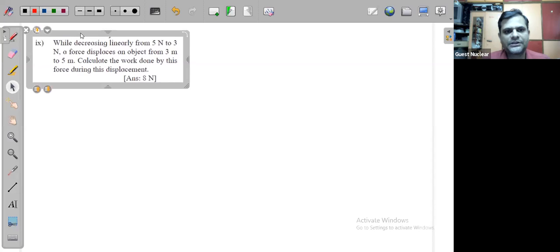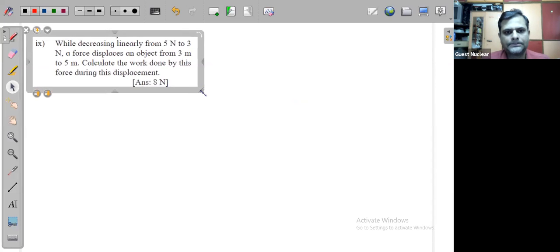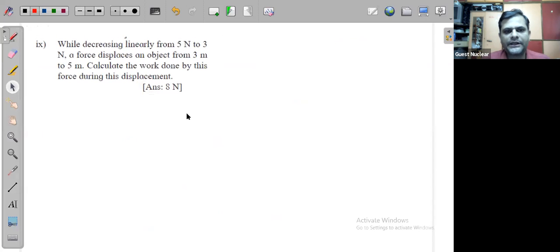Okay, just read the question carefully. While decreasing linearly from 5 Newton to 3 Newton, a force displaces an object from 3 meter to 5 meter. Calculate the work done by this force during this displacement.